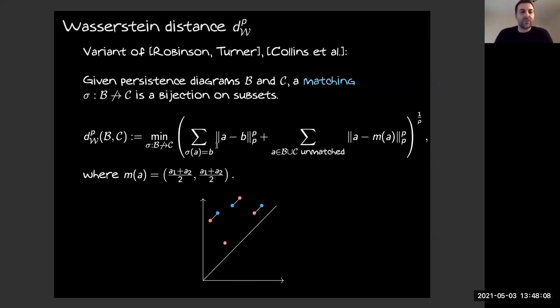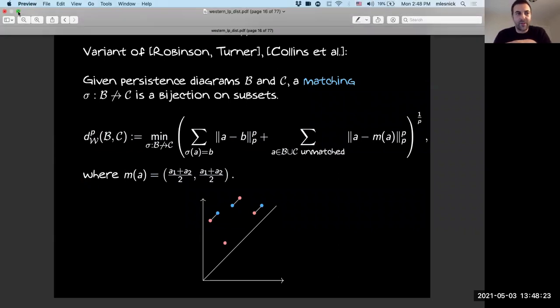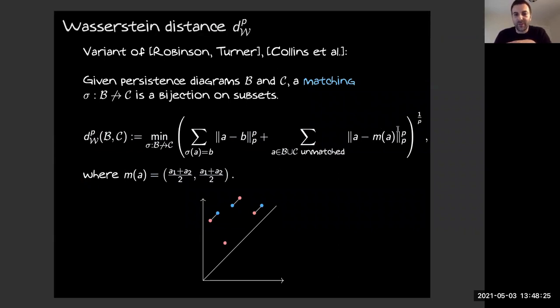So to define this p-Wasserstein distance, we're going to associate to each matching some kind of cost function. This is this big expression over here. And then I'm going to take the minimum of this expression over all matchings.